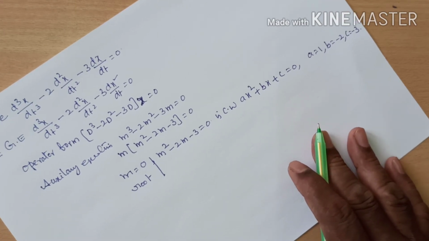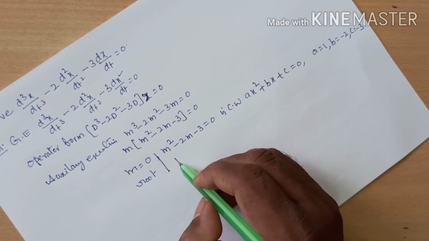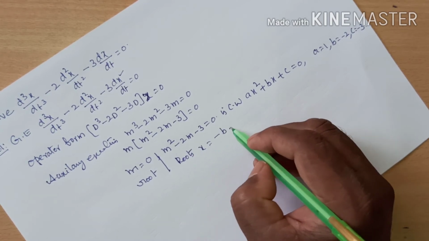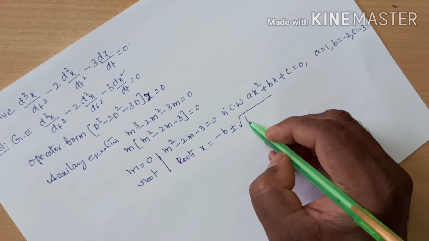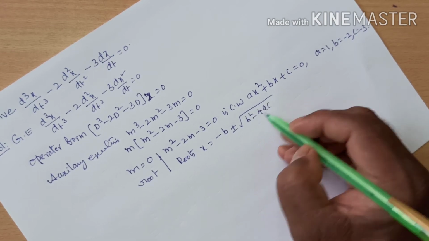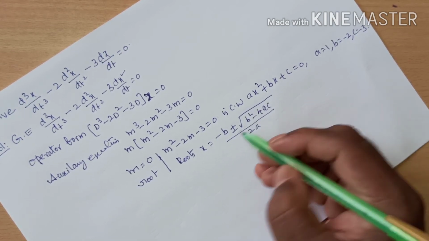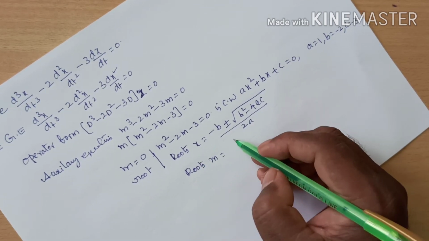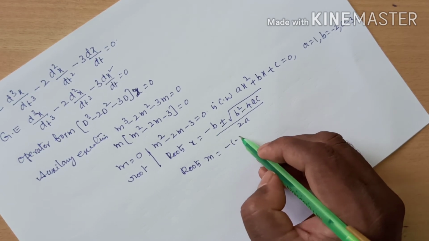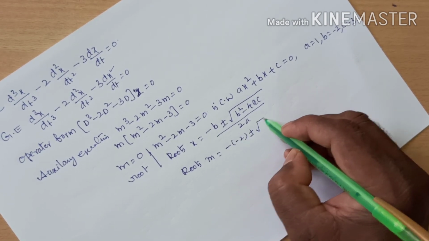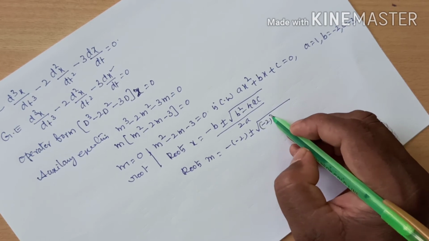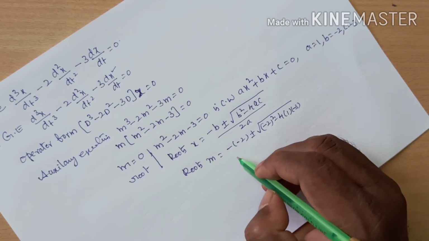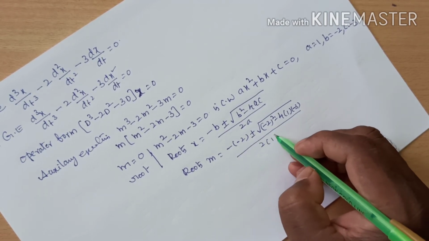After getting the values of a, b, c, first write the formula for the quadratic equation: x equals minus b plus or minus root of b squared minus 4ac, whole divided by 2a. For this problem, instead of x you write m equals minus of minus 2 plus or minus root of (minus 2) whole squared minus 4 into 1 into minus 3, divided by 2 into 1.